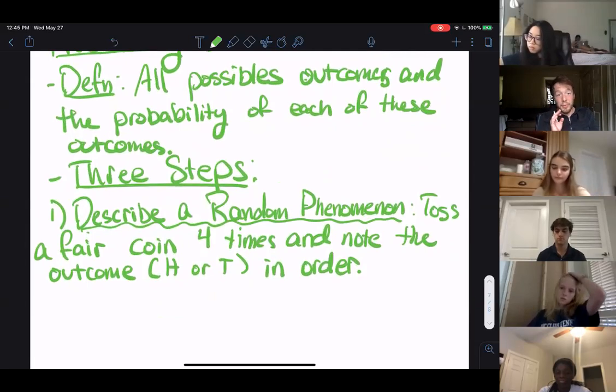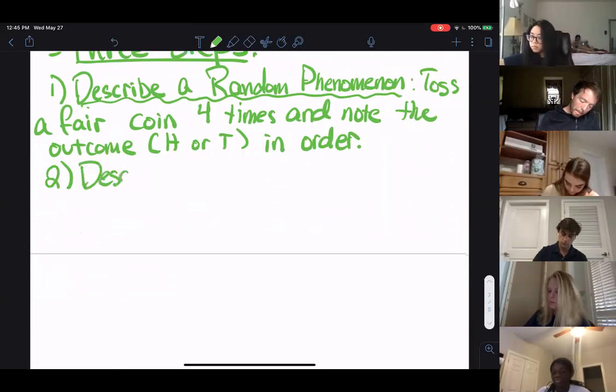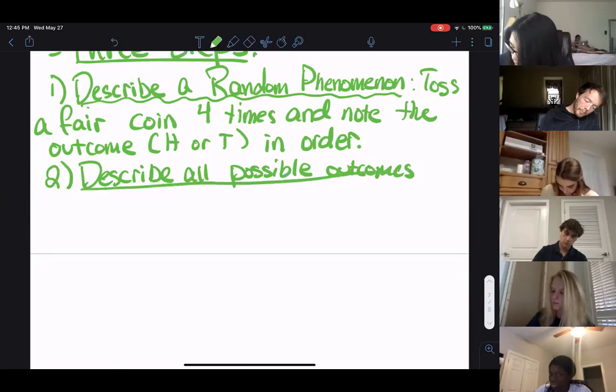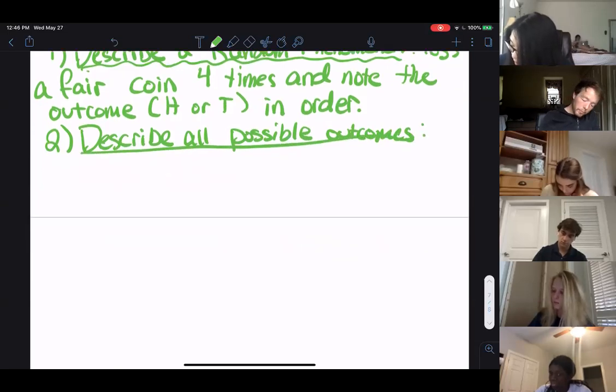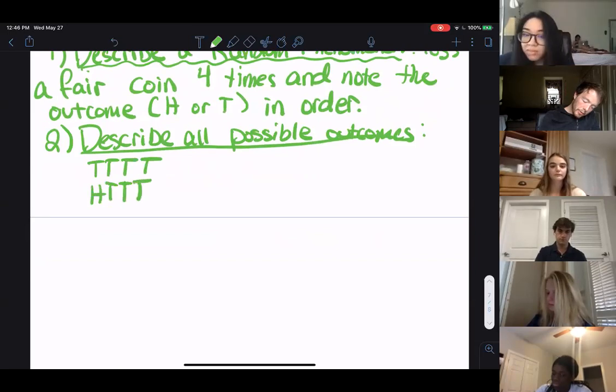All right, so this is the first step with probability distributions. You want to start by just defining what your random object is. Step 2, you want to describe all possible outcomes. So what could happen? We could get 4 tails in a row. We could get 1 heads and 3 tails, and here are the different possible ways we could get that.